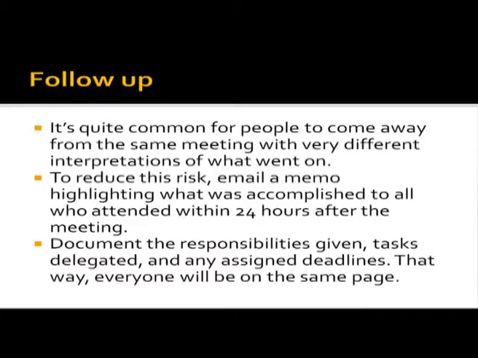That way everyone will be on the same page. It's also not enough just to state what happened at the meeting, but also outline the plan of action, and according to the decisions made at the meeting, document who's expected to do what. So there's clarity and there's a follow-up, there's an action on what was discussed at the meeting.